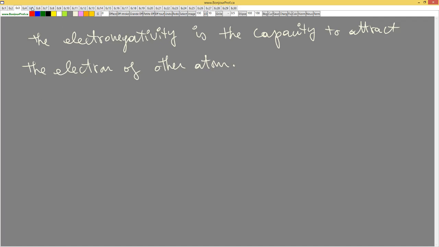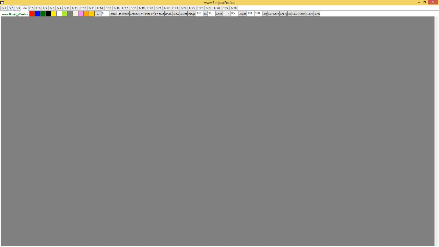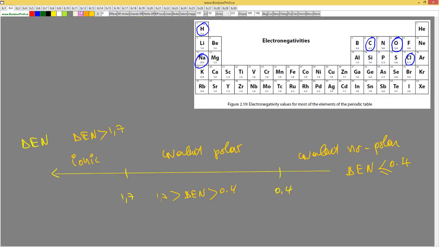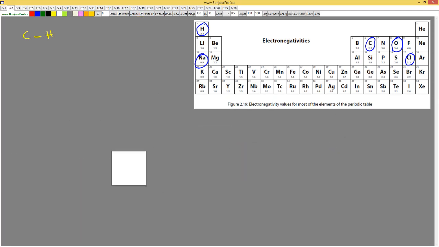For example, I'm going to stay here because I need the table. I'm going to take carbon with hydrogen. Is it polar or not? We do the math. The carbon is 2.5. The hydrogen is 2.2.